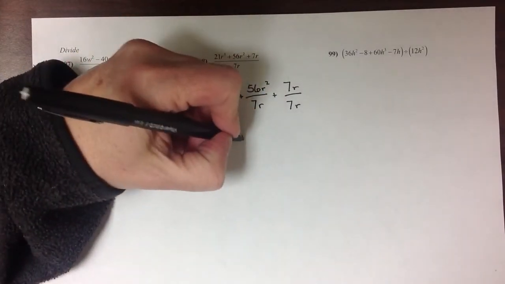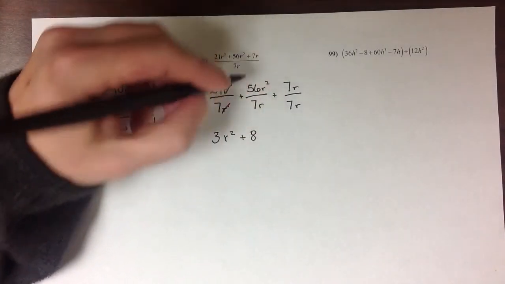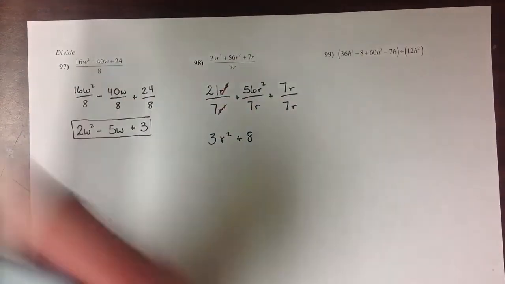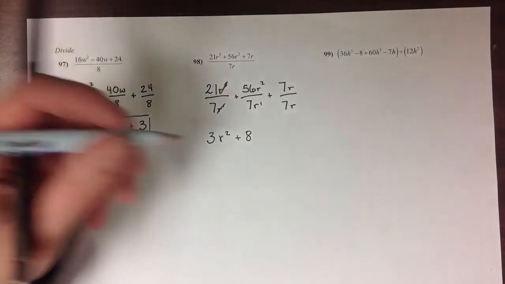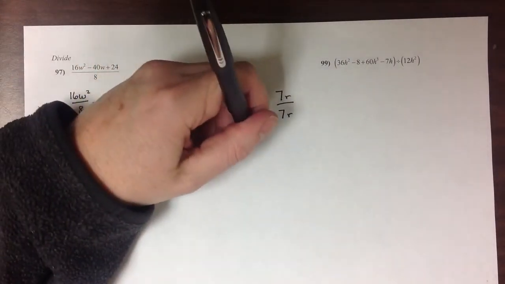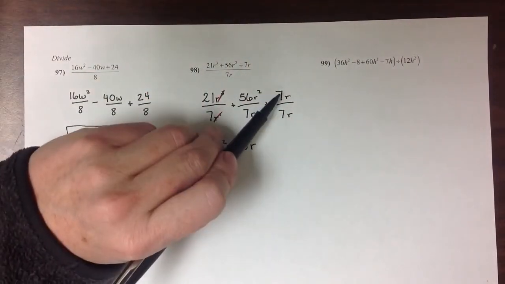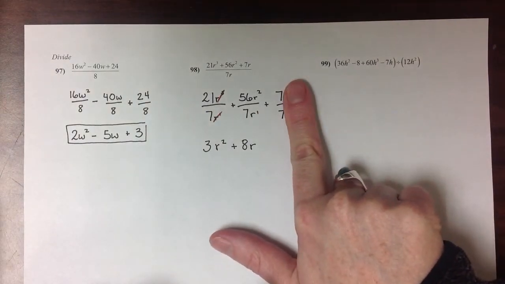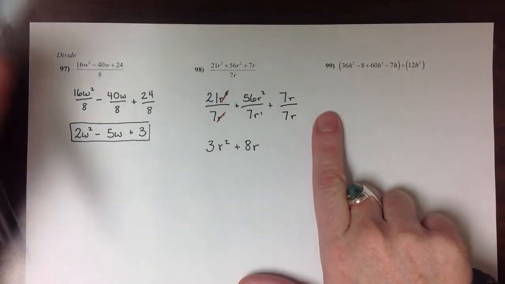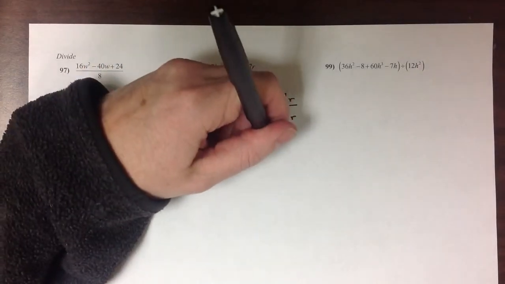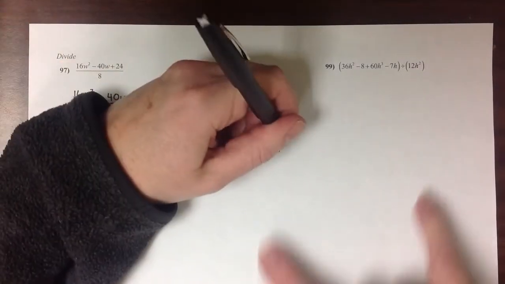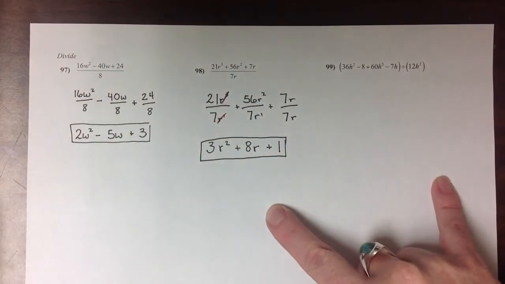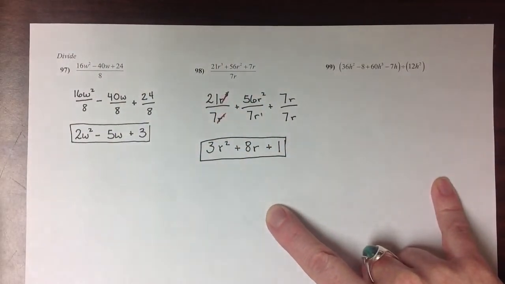Here I'll have an 8 for my coefficients, and an r to the 1 subtracted from an r squared gives me just an r. And then here, just like it was with regular fractions that 7 over 7 meant 1, well 7r over 7r also means 1. So the final answer for this one, 3r squared plus 8r plus 1.